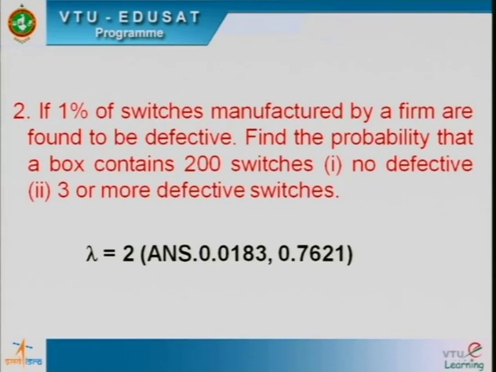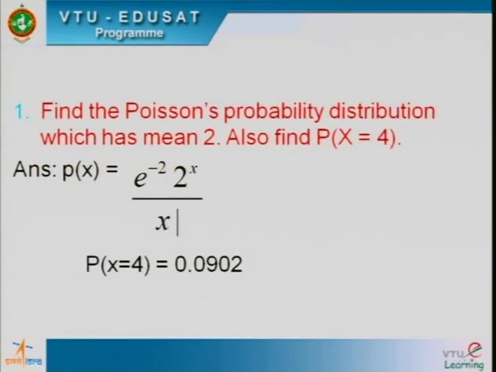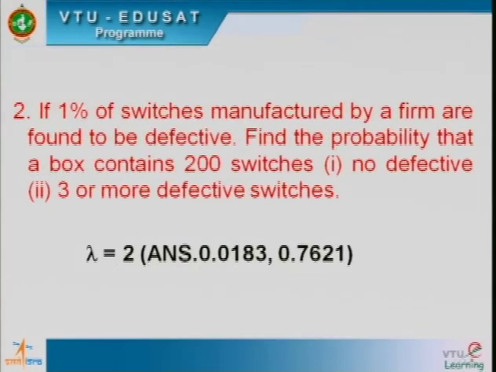Here see what is the difference. In the first problem they have given the mean itself, lambda is equal to 2. But in this second question, the mean is not given. They said 1% of switches manufactured by a firm are found to be defective.